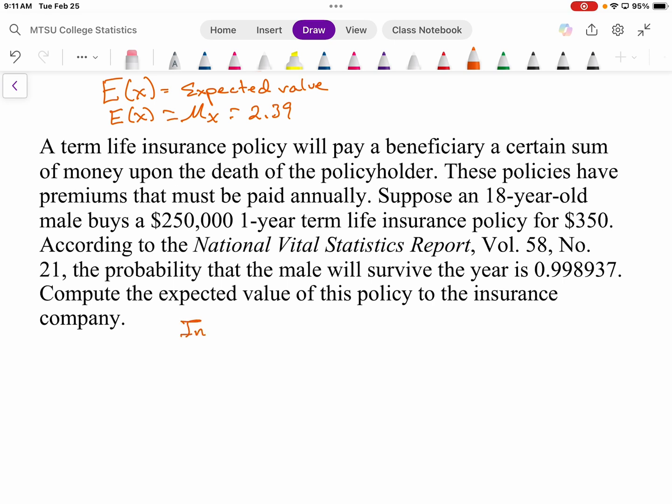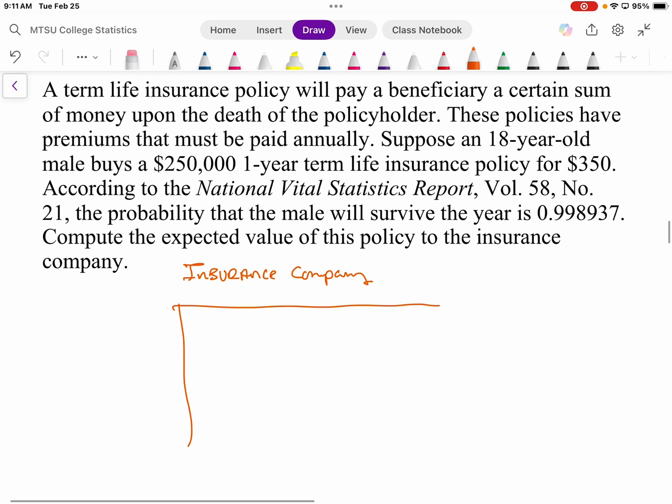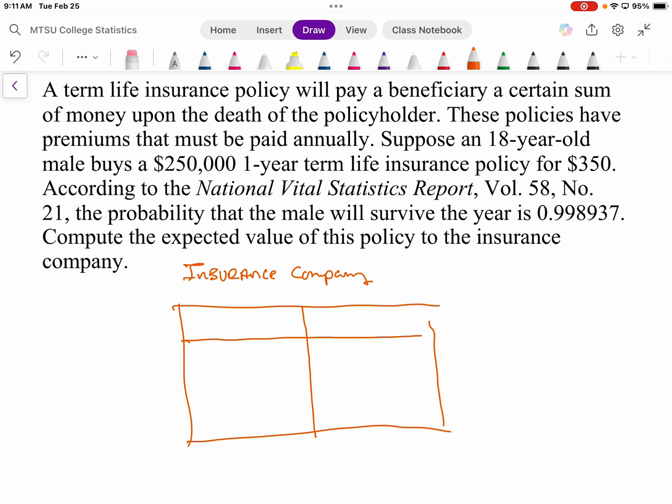From the insurance company side, we have to create a table. As I create my little table, we can just do two columns for right now. We have our X in the first one and our P of X in the second one.